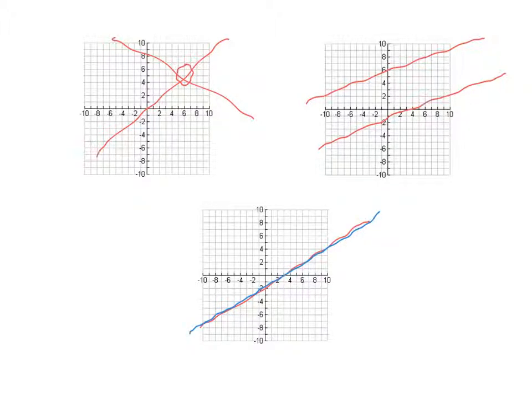So these are the three cases we could have: two lines that intersect, two lines that are parallel, or two lines that are one on top of the other. In all cases, however, we have two equations, or a system of equations, or in the cases we're talking about here, a system of linear equations.